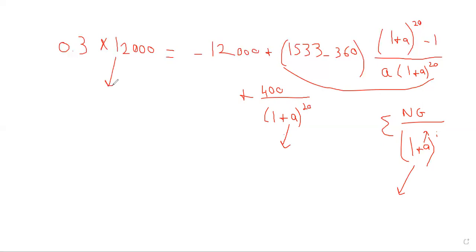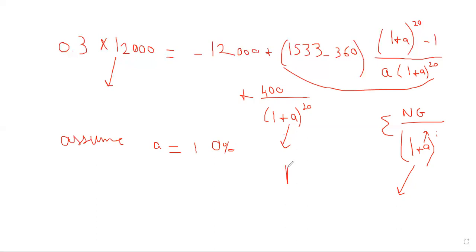That's why if you want to use a trial and error method to get a, you can assume, for example, that a is 10%. So you replace a in this equation. If you put a as 10%, you will get a negative value.